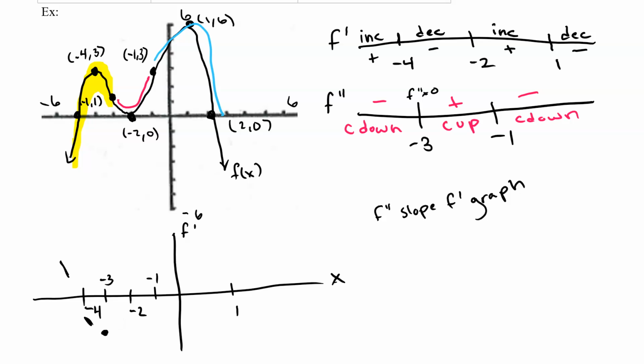At -2, we've got f prime, our first derivative, equal to 0. And then at -1, we switch to going back down because our second derivative is going to switch to negative. Right? And we're positive first derivative until 1. So at -1, we switch from going up to going down, and then we're positive until we get to 1.